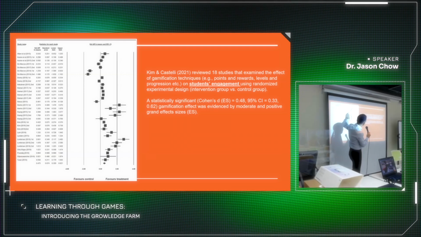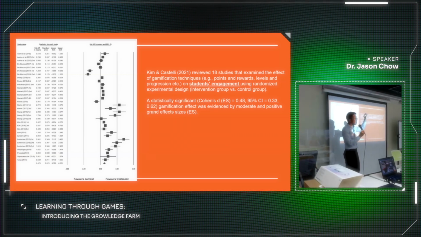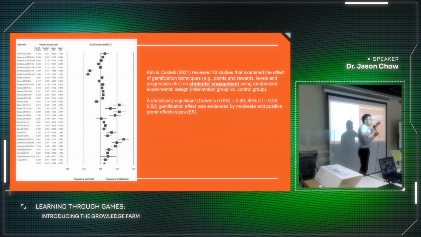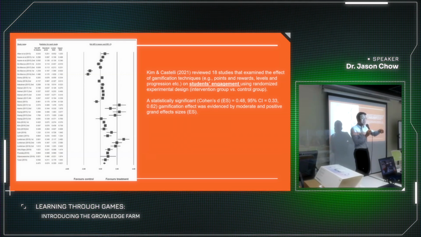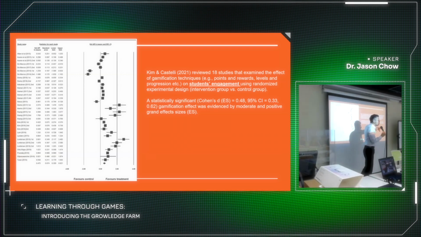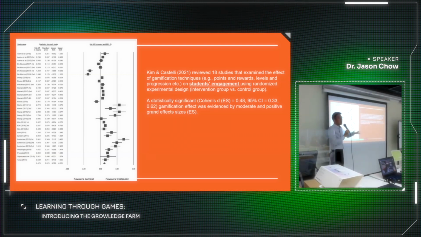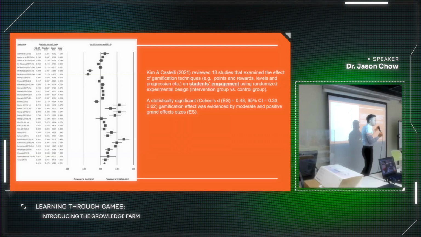All of these studies used a randomized experimental design. It means that they have an intervention group that implements the gamification techniques to teach the same content, and another control group that does not use these techniques. What they find is a statistically significant gamification effect.